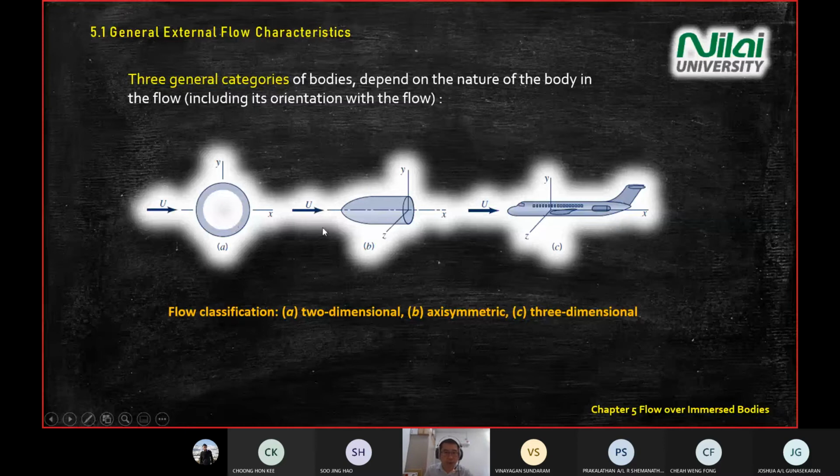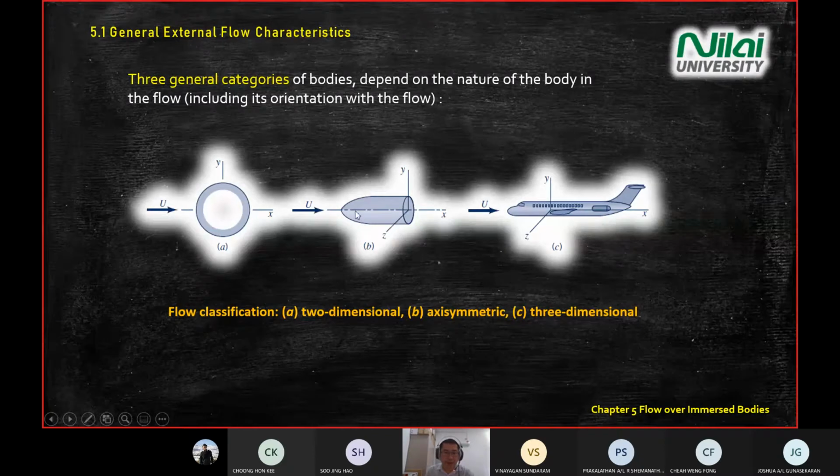And then the middle one is axisymmetric. Axisymmetric means that if you cut across the body, for example across plane XY, into half, the top portion and the bottom portion are the same.